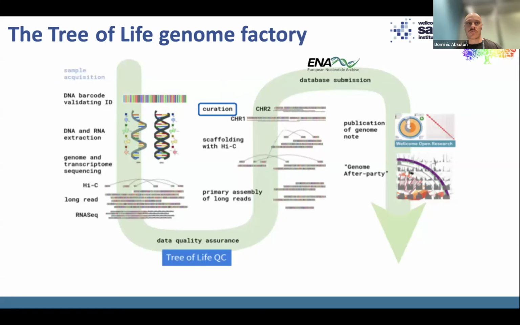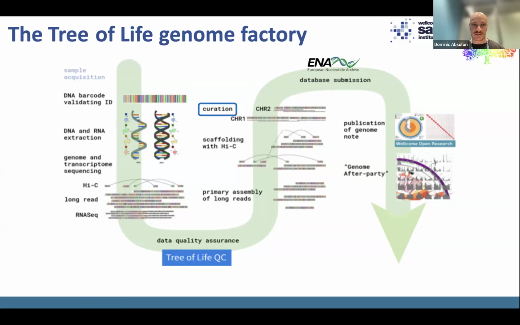This is the general workflow that we use here at Sanger. You may be familiar with this process. The samples come in, they're barcoded to validate the species identification. Then we do the DNA extraction and sequencing. We're using long read sequencing, HiFi, PacBio.